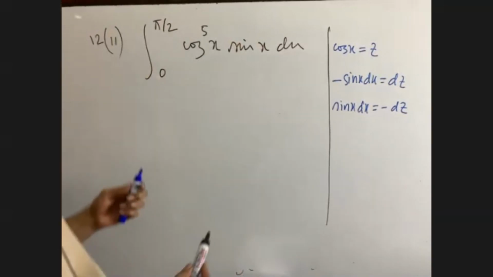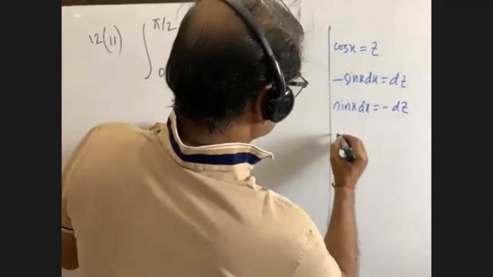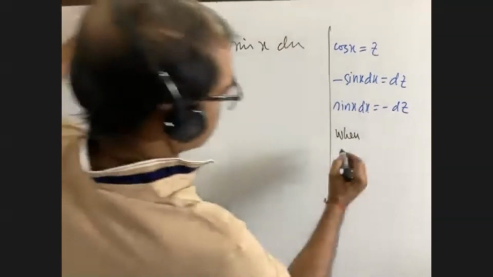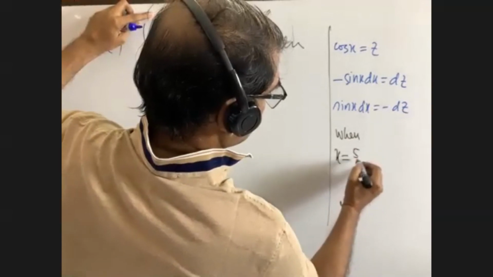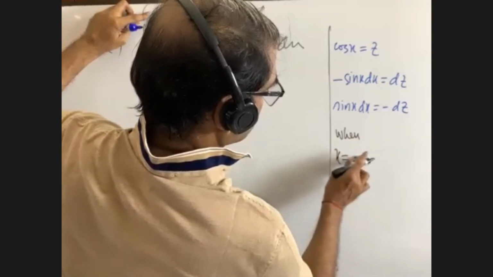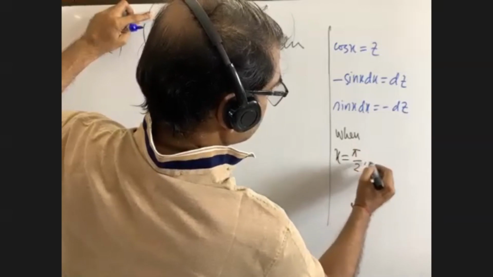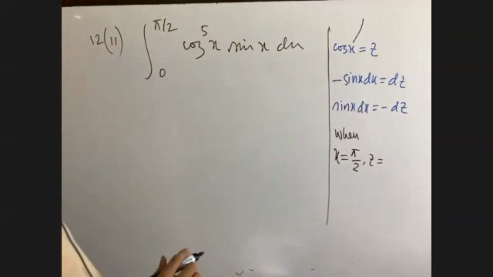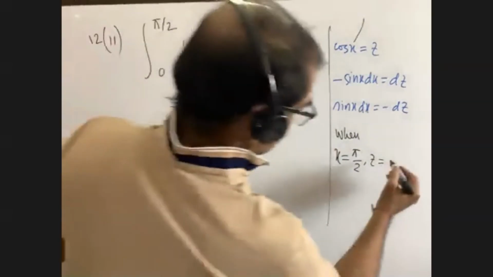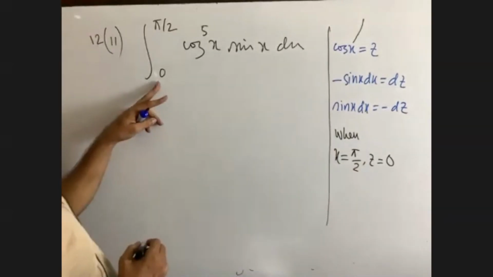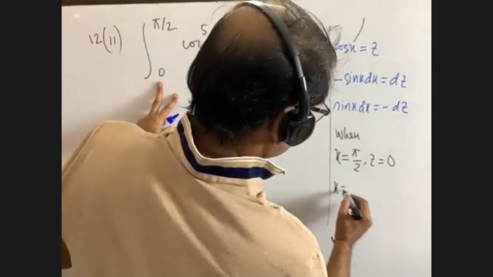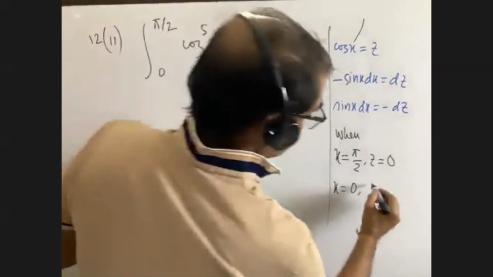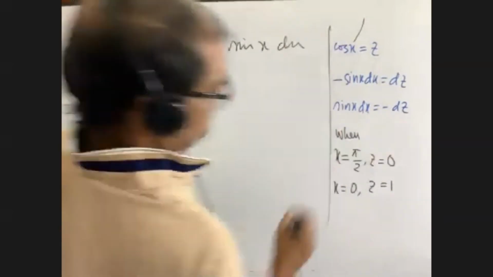Now, when x equals to pi by 2, then z equals to what? If x equals to pi by 2, that is cos 90 degree, we get z equals to 0. When x equals to 0, we get z equals to cos 0, which is 1.